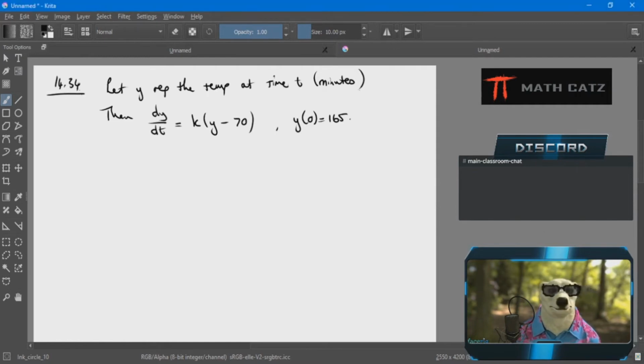Okay. So now we have a differential equation. It's not more or less complicated than the previous capacity growth one. So let's do it.